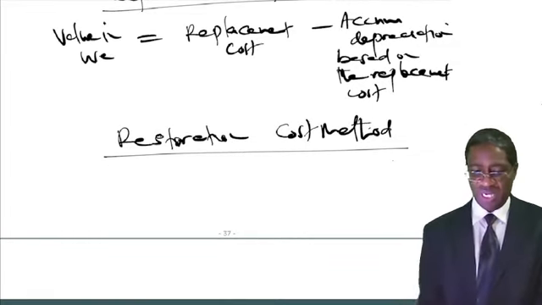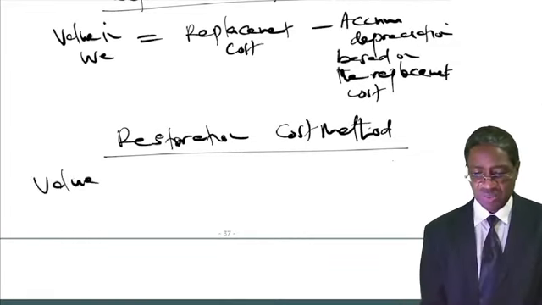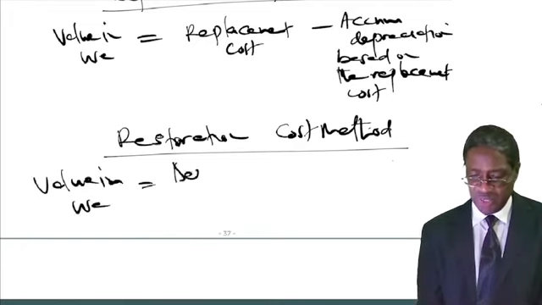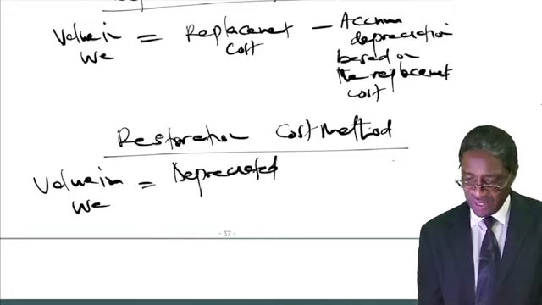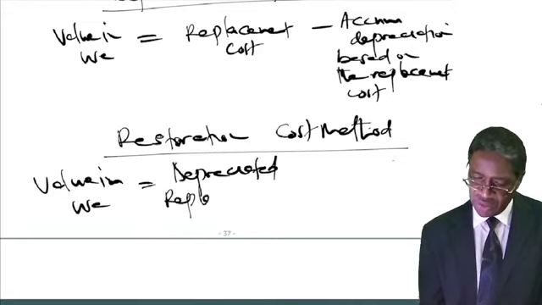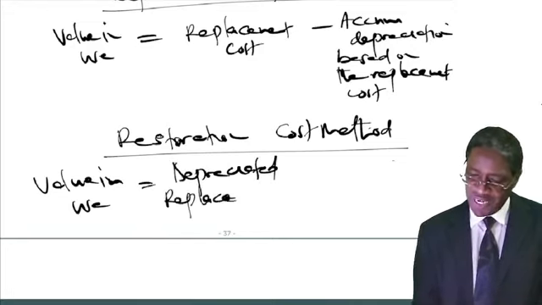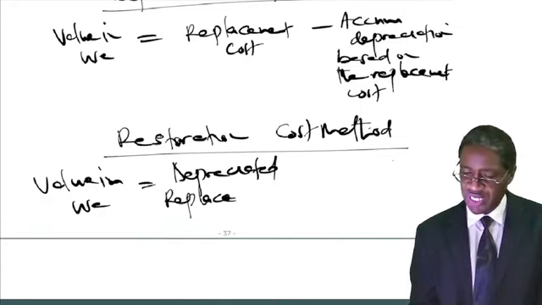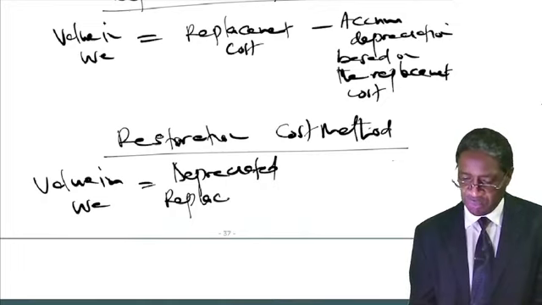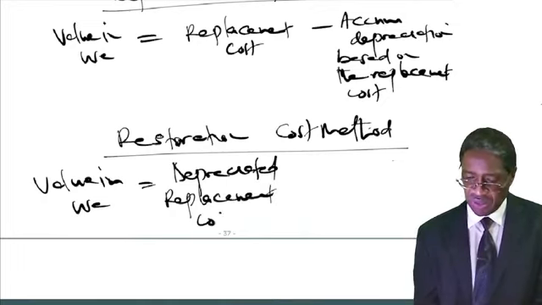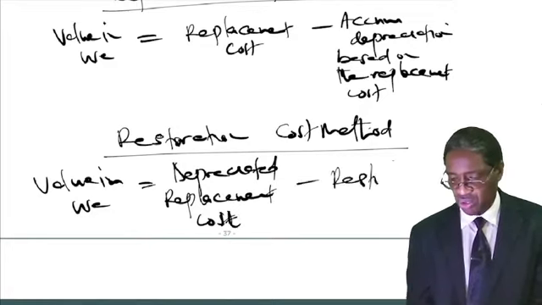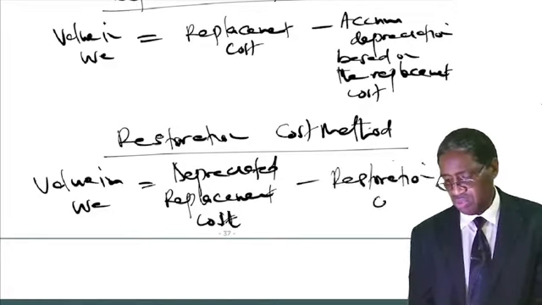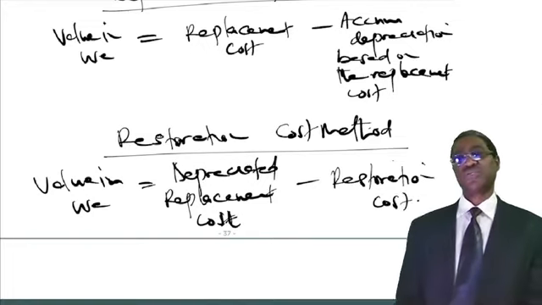Then below that, you can again say your value in use equals depreciated replacement cost minus restoration cost.